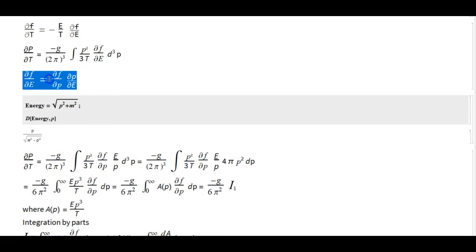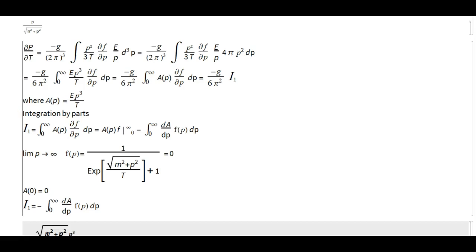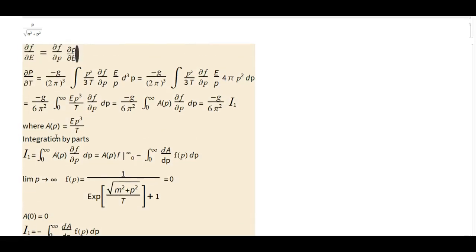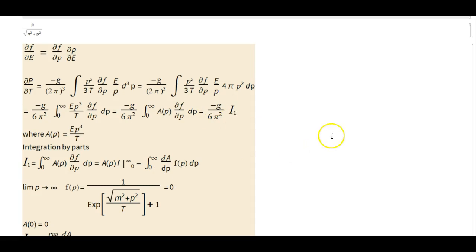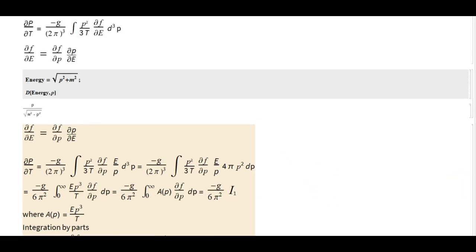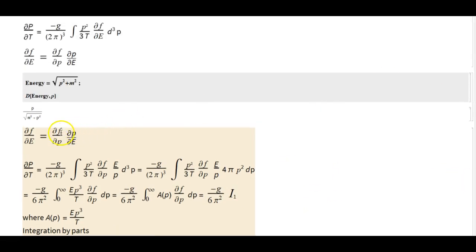Therefore, df/dE is df/dp times dp/dE, and this is p over E. Since dE/dp is p over E, its reciprocal gives E over p.